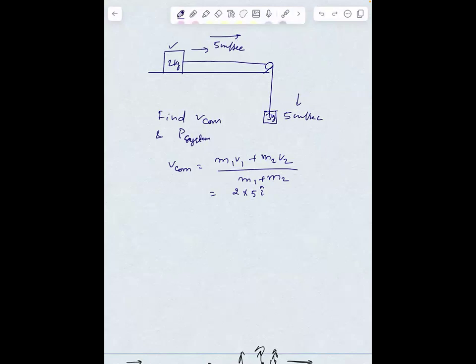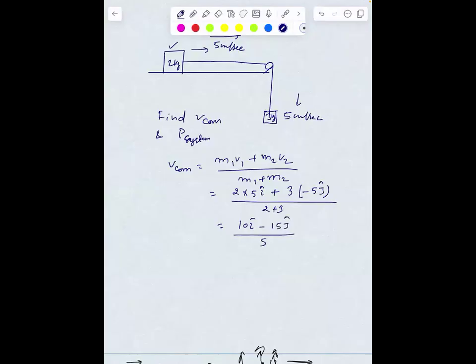Now plus I'm writing 3 into minus 5 J cap. Can I write like this? Yes. Divided by 2 plus 3. That will be 10 I cap minus 15 J cap upon 5. So 2 I cap minus 3 J cap. I hope you also got this answer.